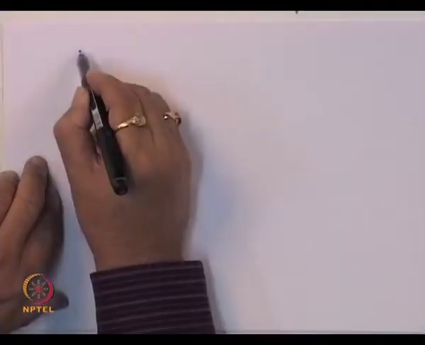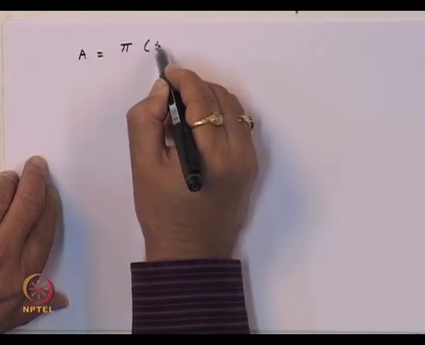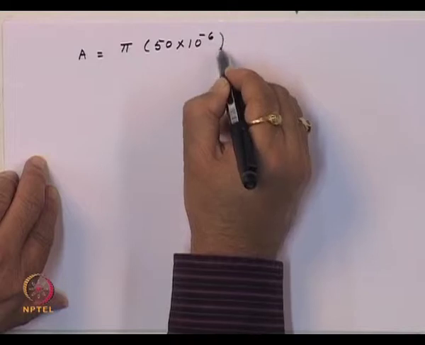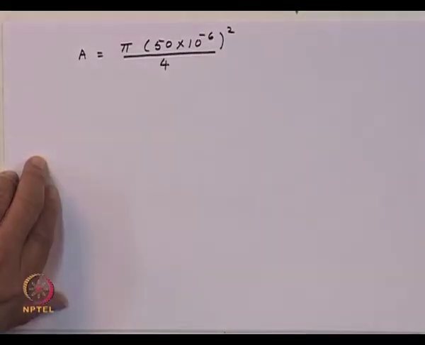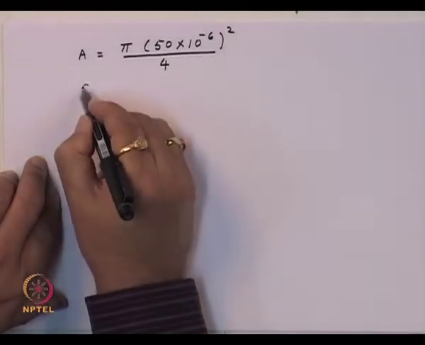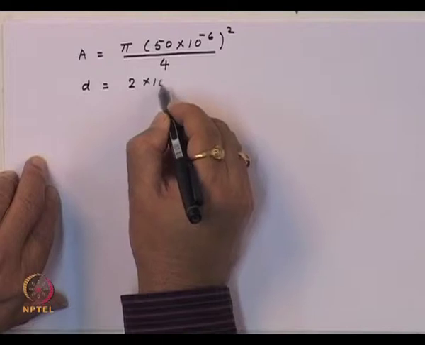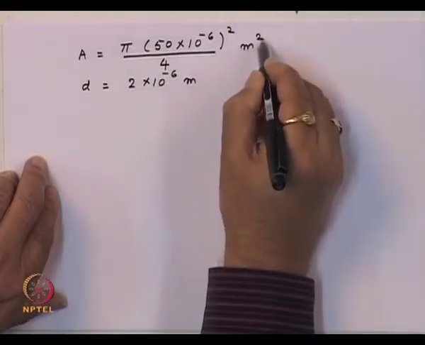So, A is given as pi times (50 into 10 to the power minus 6) square divided by 4. D, which is the thickness of the active region, is given as 2 into 10 to the power minus 6 meters. This is meter square.